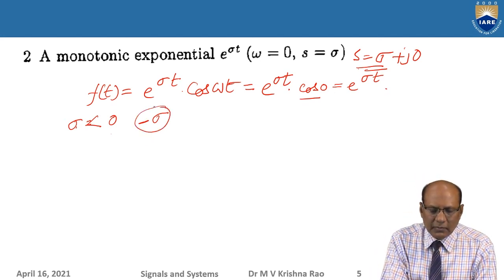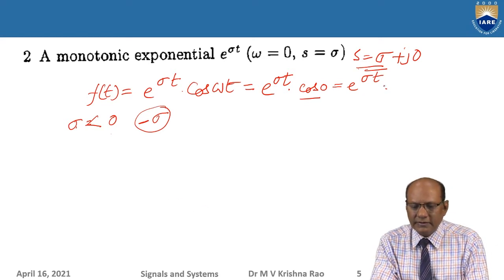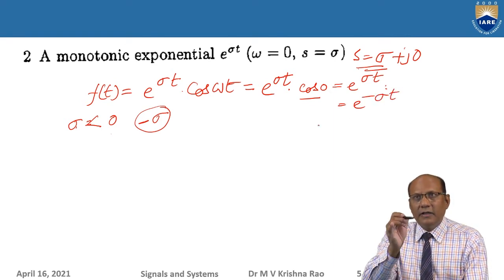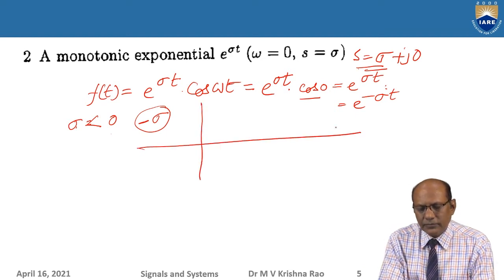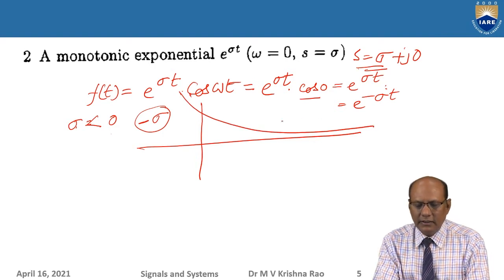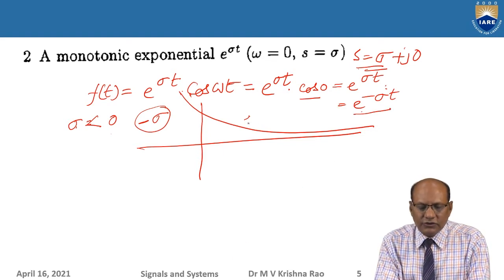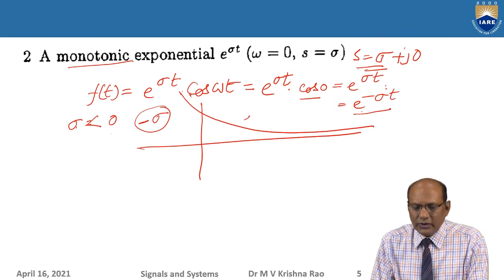So, this is nothing but e to the power of minus sigma t. Means it is an exponentially decaying function. So it is something like this. It will be decaying like this. So this is e to the power of minus sigma t. And this is called monotonic exponential.